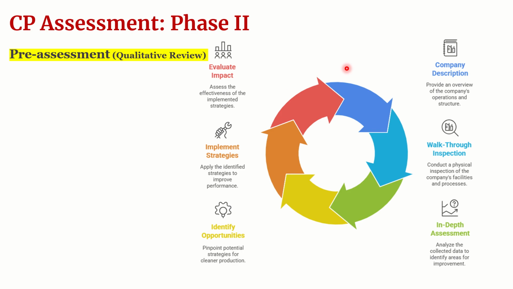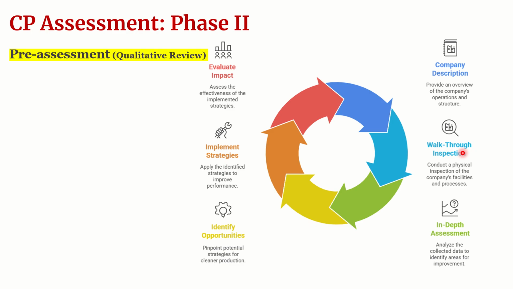Next, phase 2. So that is pre-assessment stage. So what components are involved in pre-assessment? So company description. So to develop a high-level overview of the company, its products, services, and also major processes. Next one is walkthrough inspection.